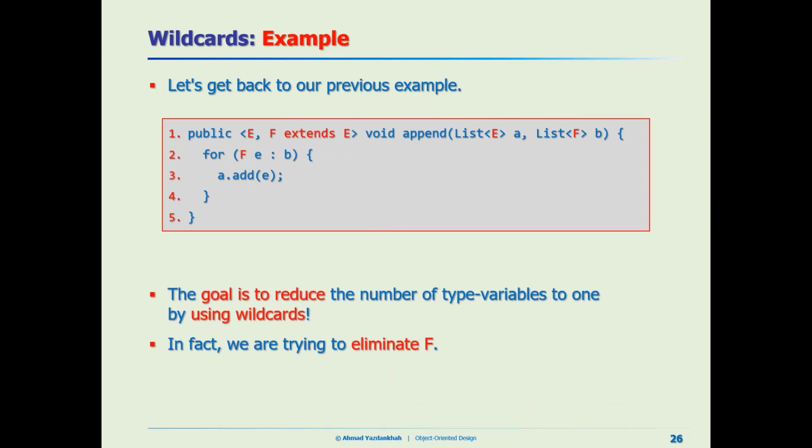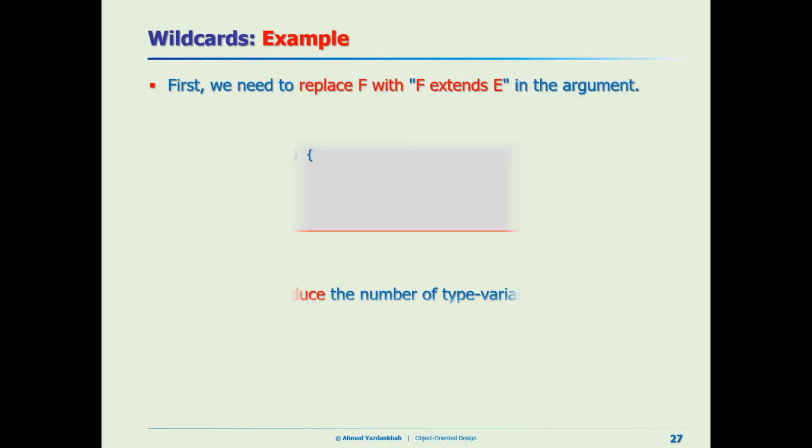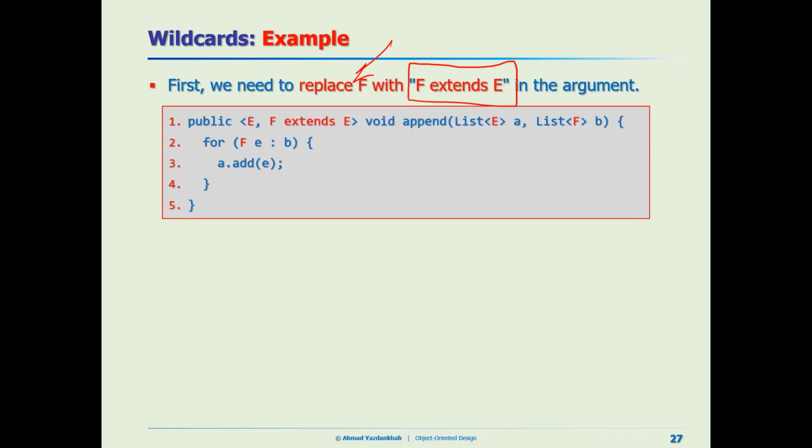So here is our goal, to reduce the number of type variables to one by using the wildcard. So the first thing that we need to do is replace all of the Fs with F extends E, because this is the description of the F, right?